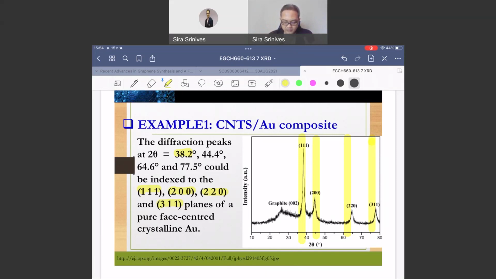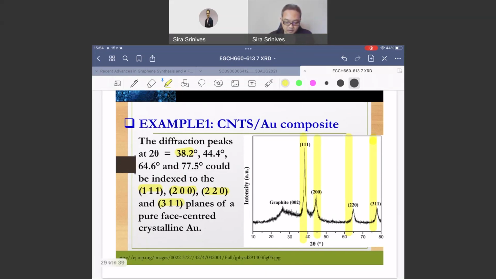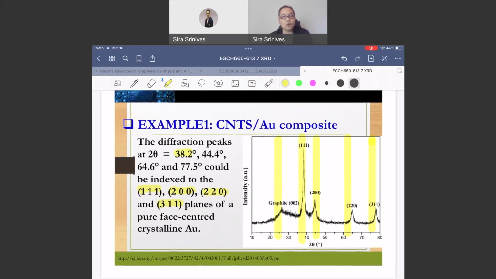And when you have different types of material, you can see that each has its own characteristic peak. Graphite has its own peak, happening at 002, at around 25, and goes on to cover the rest of the peaks.